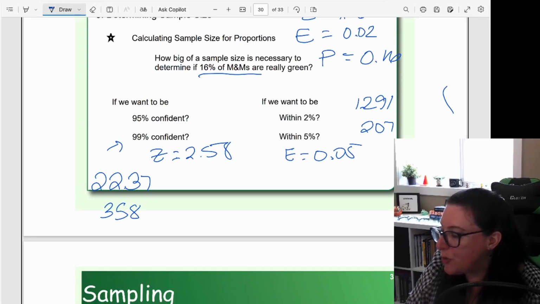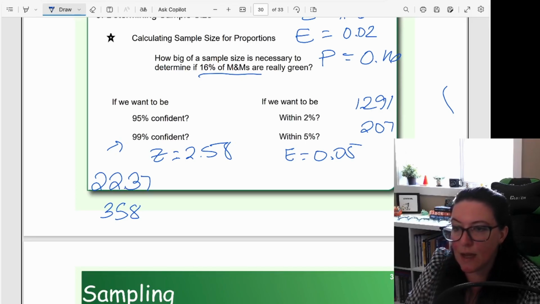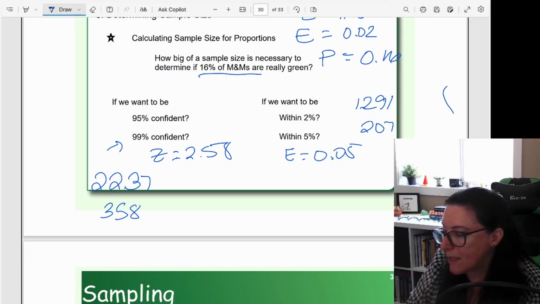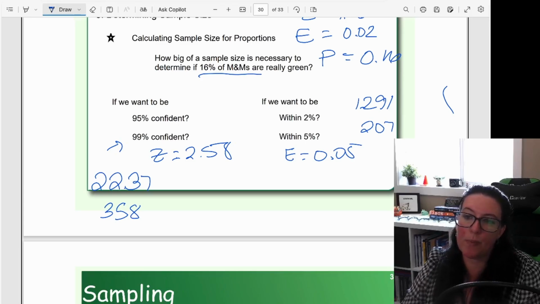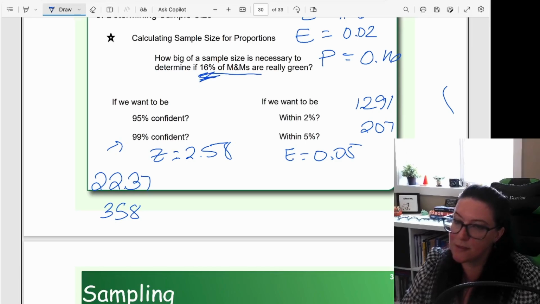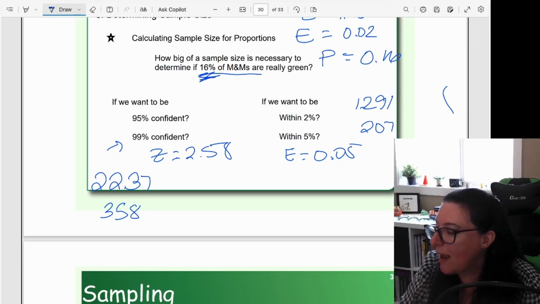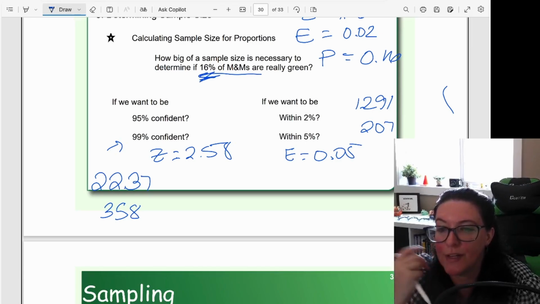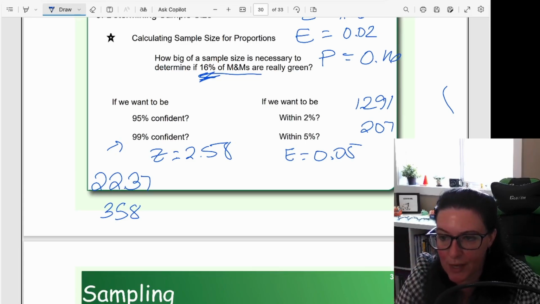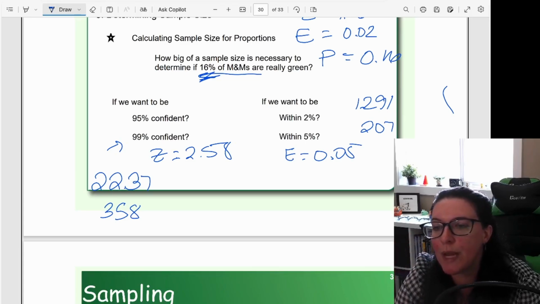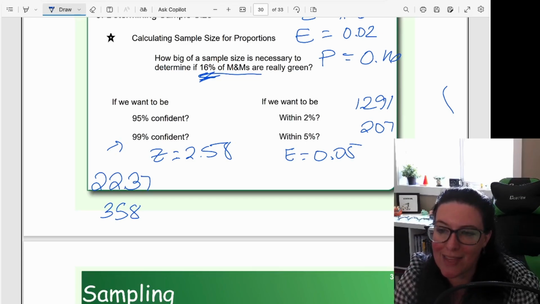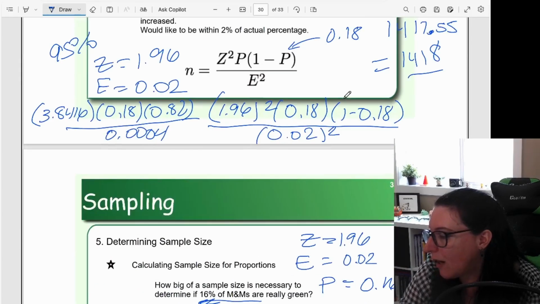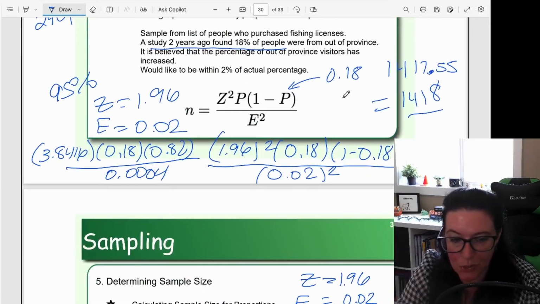And when we go from 2% to 5% sampling error, you can see the difference here: 1291 versus 207, or 2237 versus 358. So with the proportion, how far away from this 16% are you willing to be, and how confident do you need to be? That's going to impact your sample size. So you need to be able to make an argument for the confidence level you chose, the sampling error you chose in any of these sample size determinations.